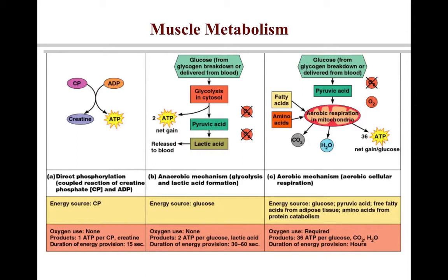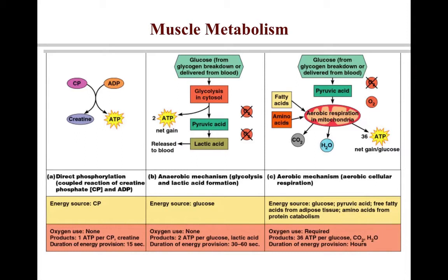So the muscle can go on doing anaerobic mechanism to a certain extent, and then the aerobic mechanism has to kick in or start in order for the muscle activity to continue doing it. And you can see the starting material in case of aerobic respiration, which is also known as a Krebs cycle or TCA cycle, tricarboxylic acid cycle, is the same. So it's pyruvic acid, and then pyruvic acid goes into the Krebs cycle to produce tons and tons of ATP.